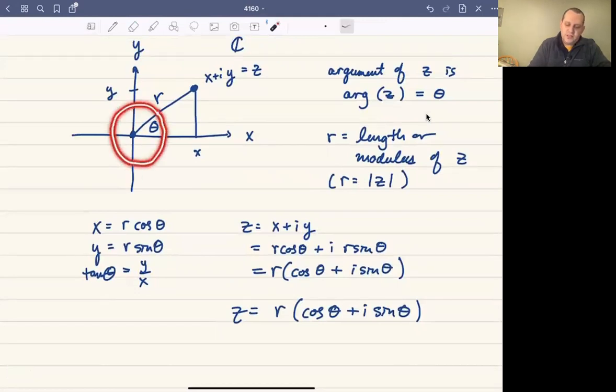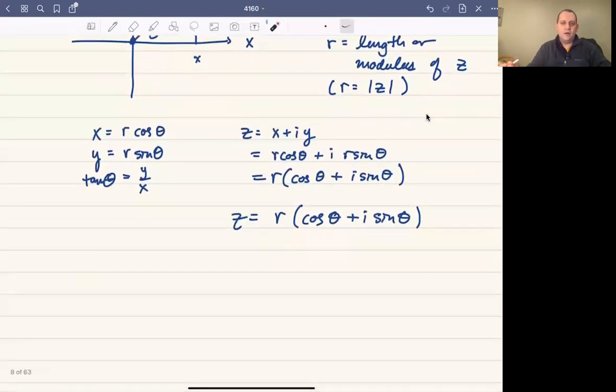It happens to be the point in the direction of the complex number, the point where the line segment intersects the unit circle. That's the point right there, cosine theta plus i sine theta. So it has modulus 1. Just a good thing to keep in mind, and we'll talk about this again in due time.